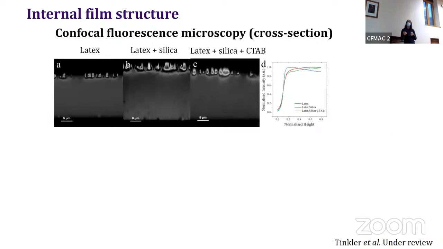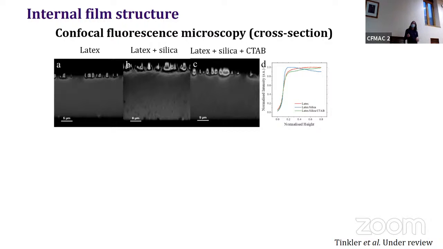So we make cross sections of these films, where the latex particles are now fluorescently labeled, and we look at the cross sections of pure latex, latex plus silica, and latex plus silica plus surfactant. In latex, you can see that the intensity is more or less homogeneous all the way.